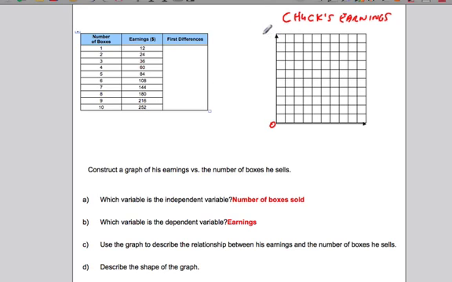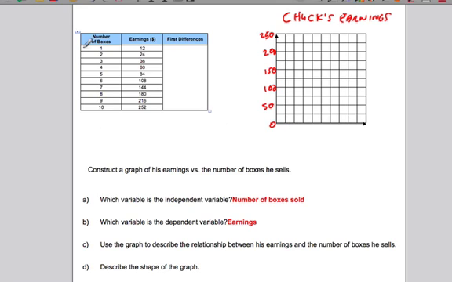I'm going to go up to 250 just to use as much of the graph paper as possible, even though the next value is a little bit above. So we're going up by 25. Every other one is 50, so that's 100, 150, and 200.